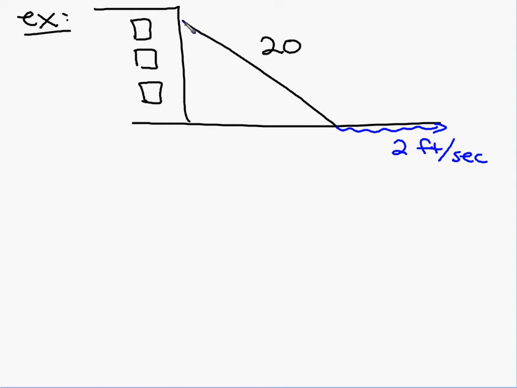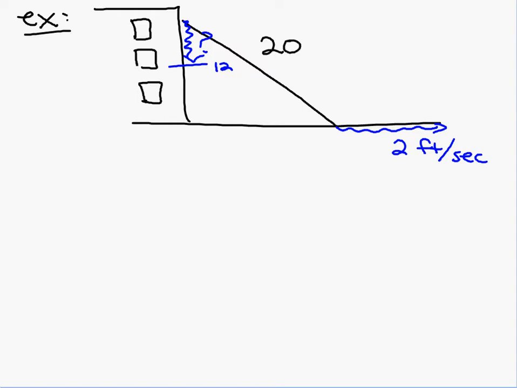Okay, so now we're looking for how fast is this going? That is my question mark, and we're going to label these in just a minute. How fast is the ladder sliding down the building at the moment when the top of the ladder is 12 feet above ground? So, we need to label some things here, all right?